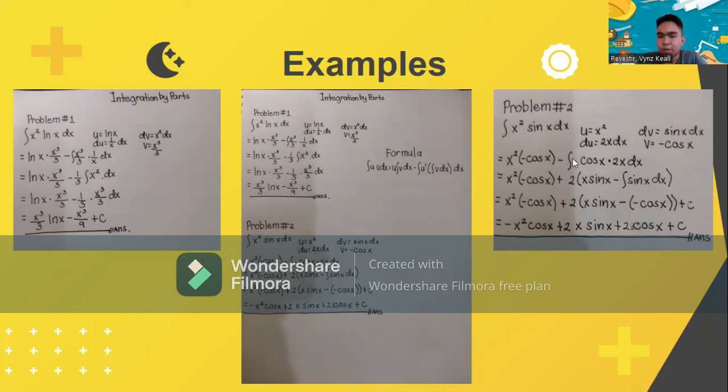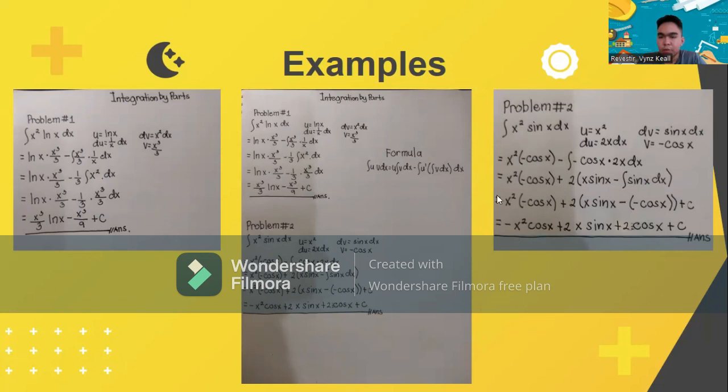The integral of negative cosine x is equal to x sine x minus the integral of sine x dx. So copy this one, x squared times negative cosine x plus 2 times x sine x minus the integral of sine x, which is negative cosine x plus c.